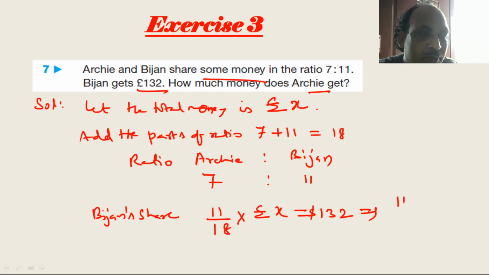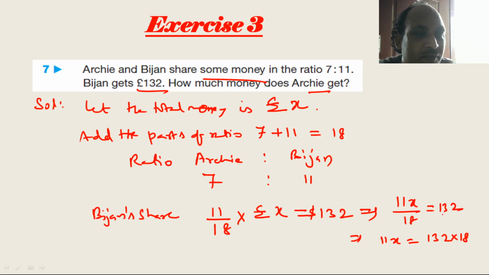So this one will become 11x by 18 is equal to 132 pounds. In the next step we will write it. 132 here is 132 by 1.